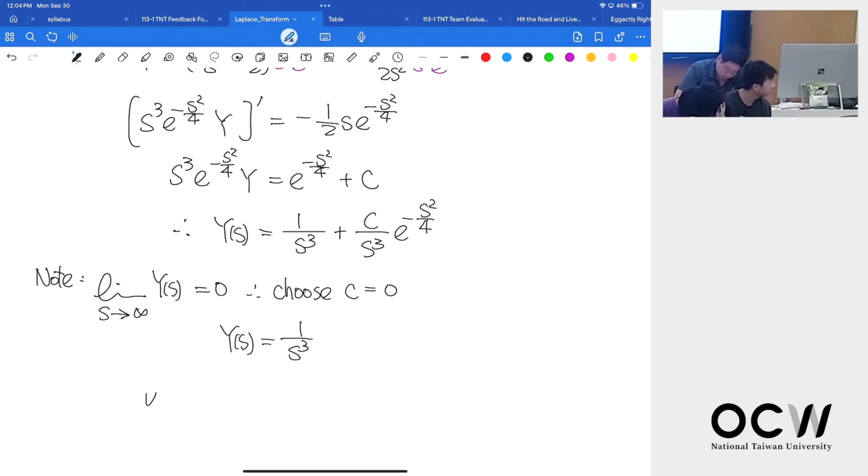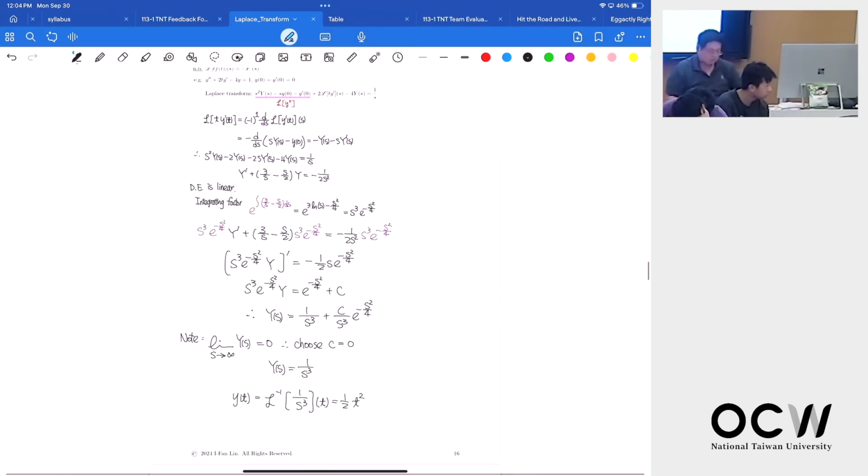So when you take the inverse Laplace transform, you get your final answer. That is 1 over 2 t squared. All right. Any questions for this one?